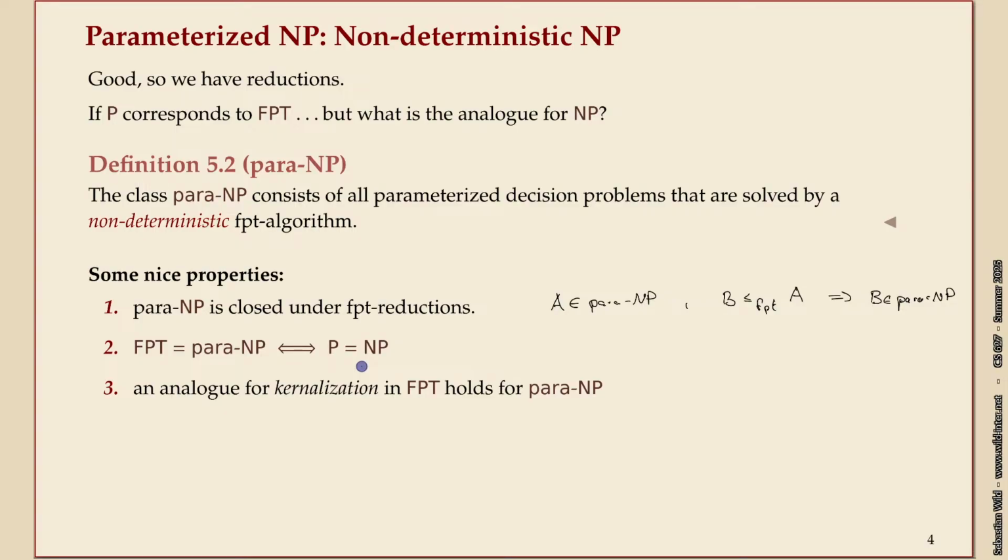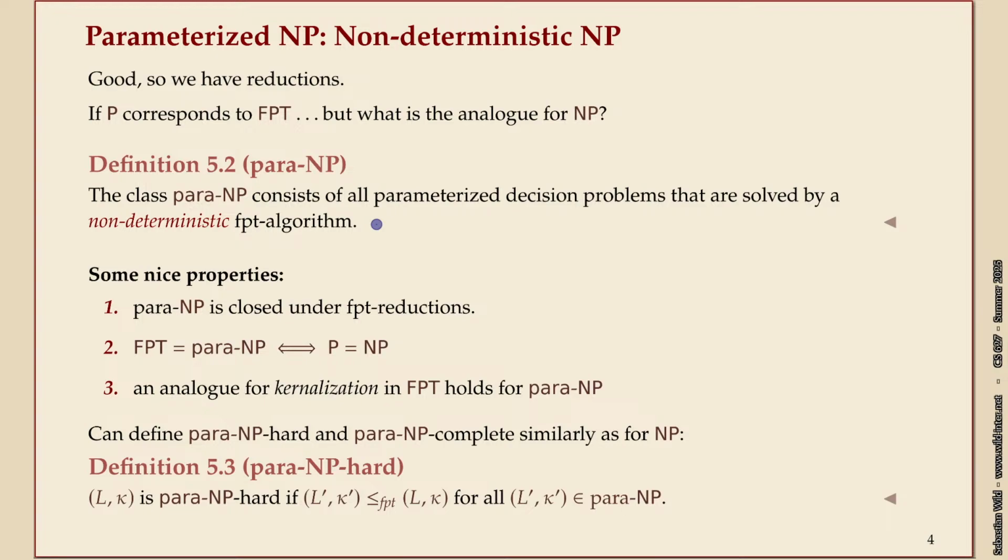So it's kind of a strong way of saying if I have problems in there, unless P is equal to NP, I won't have an FPT algorithm. And you can also prove something similar to a kernelization for this class. So you can, again, transform this general FPT time into a pre-processing step, and then something that's just bounded in terms of the parameter.